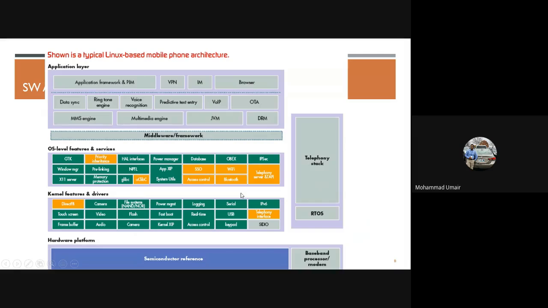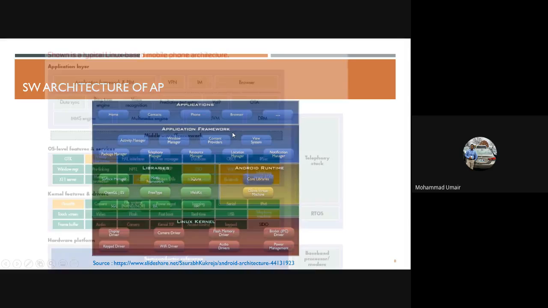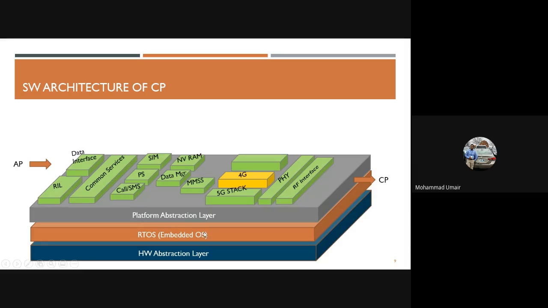That is not required in the AP to a greater extent, because there's a kernel and then libraries and frameworks, so most of the time you are using APIs. But since we don't have a very strong OS here, it's a simple OS, you also need to take care of how your process management is working, how you're calling messages and so on.